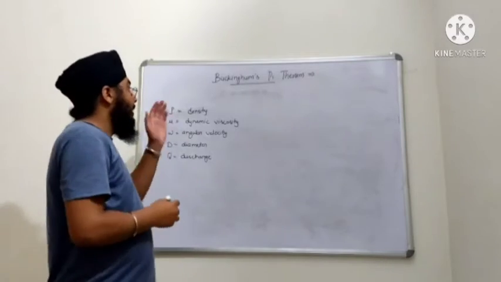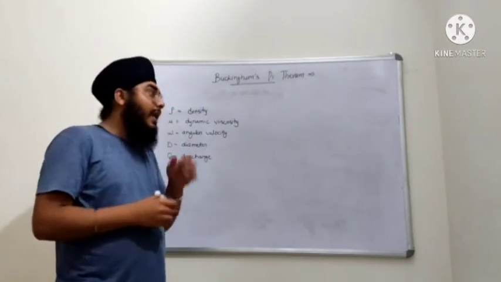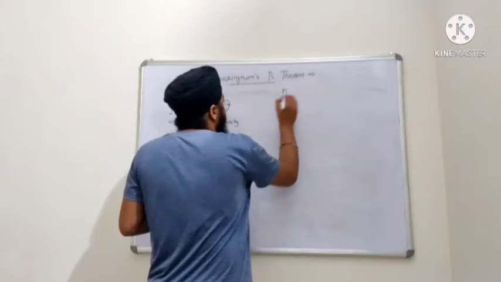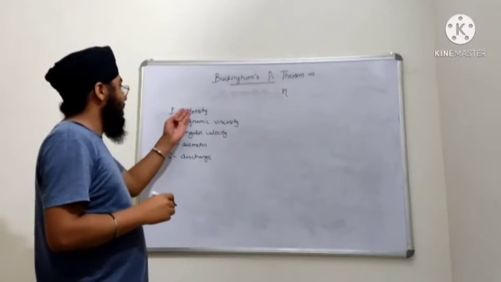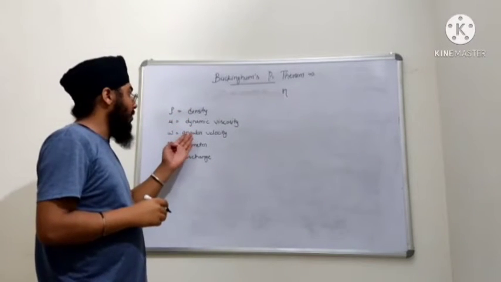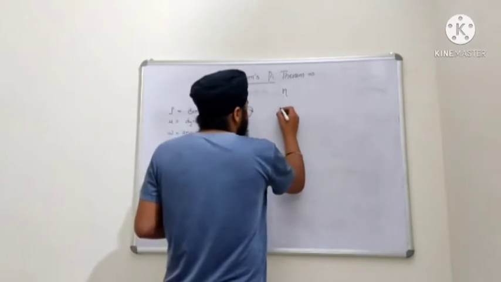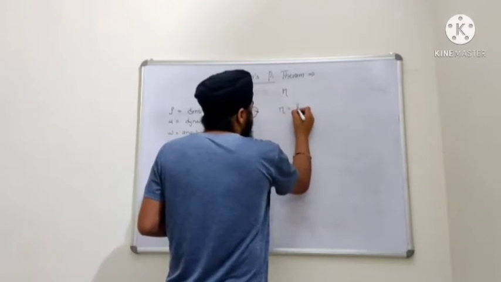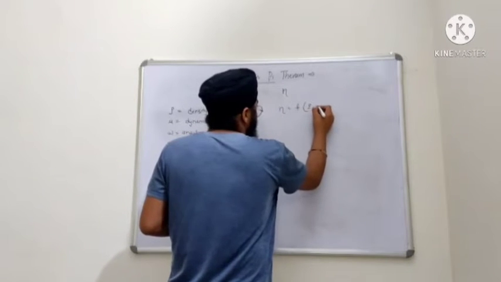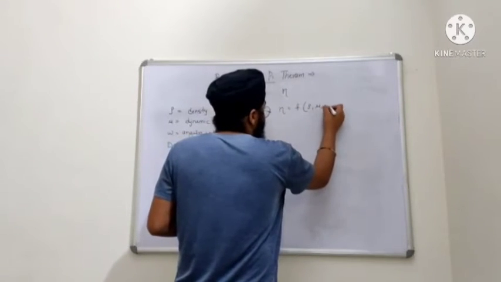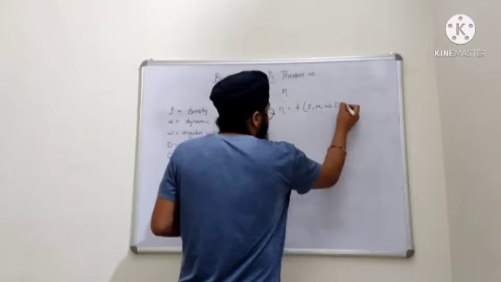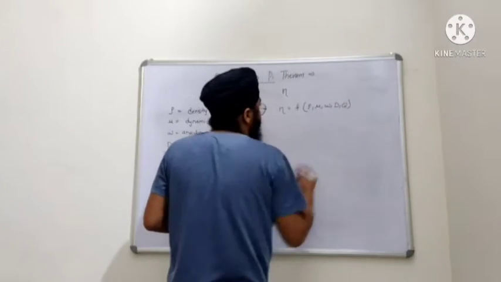So we can say that eta is a function of rho, nu, w, d, and q.